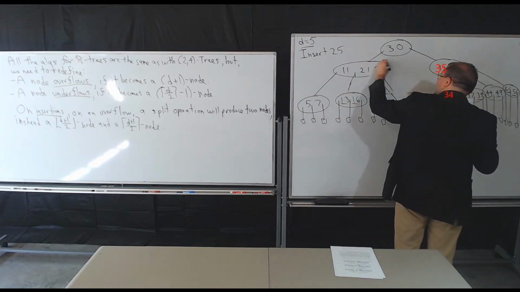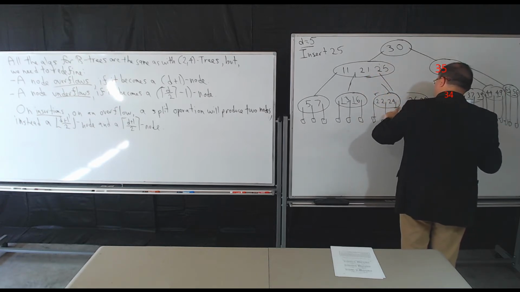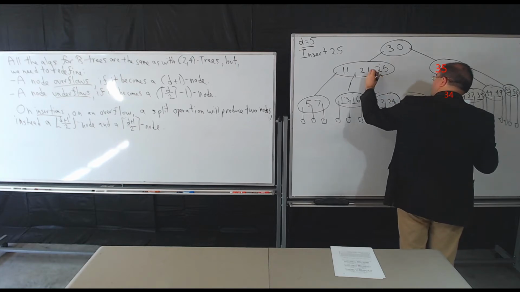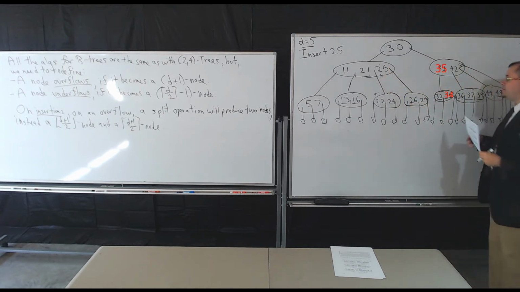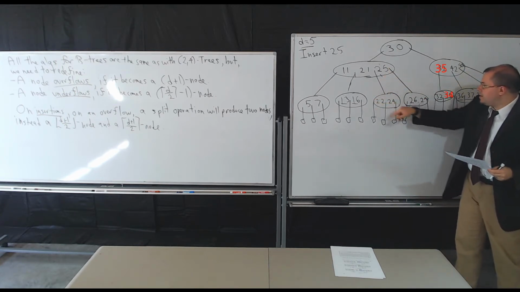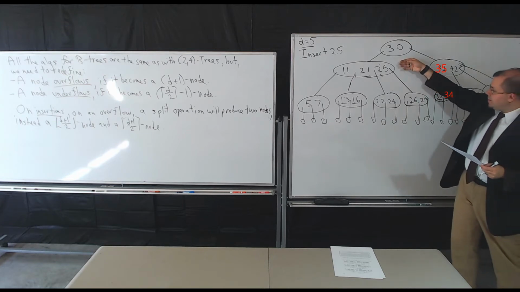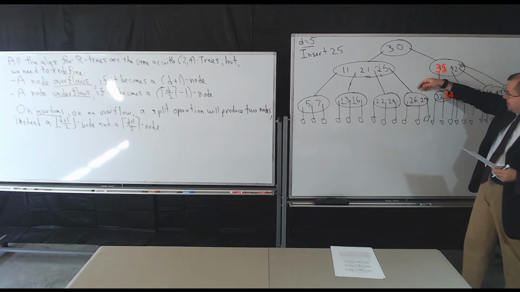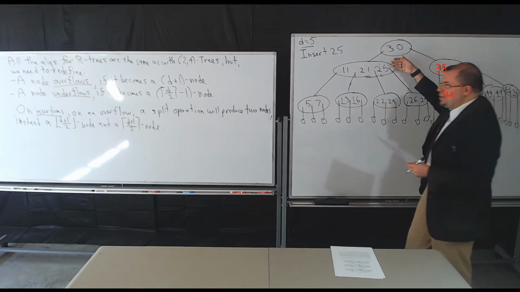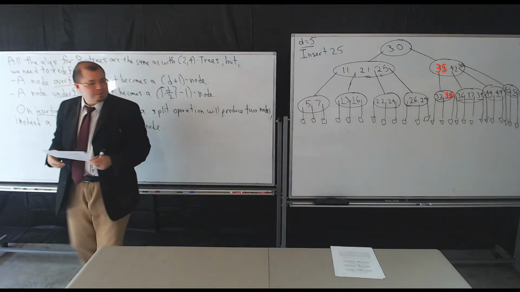On its left will be this node, and on its right will be that node. So I perform the split here, and then I would go up and check if the node still overflows. That one's okay, as long as it has at least 3 children, but no more than 5. And we're done.